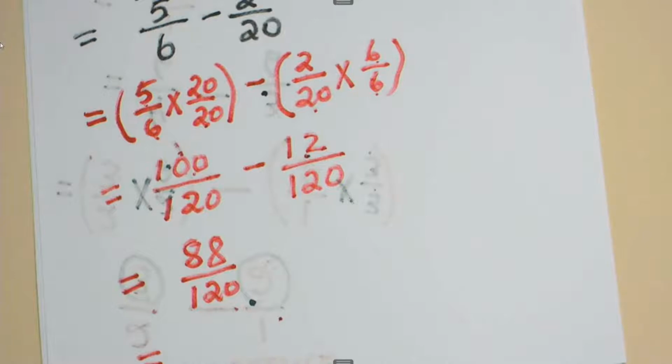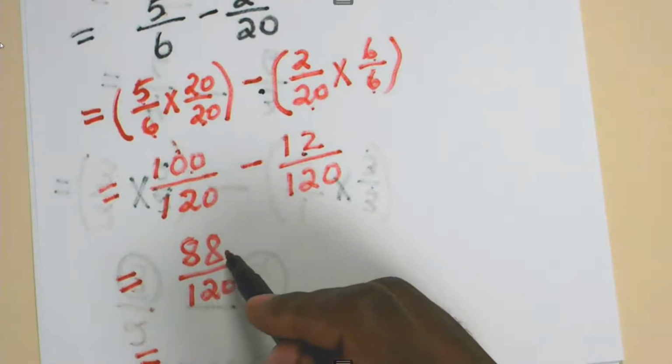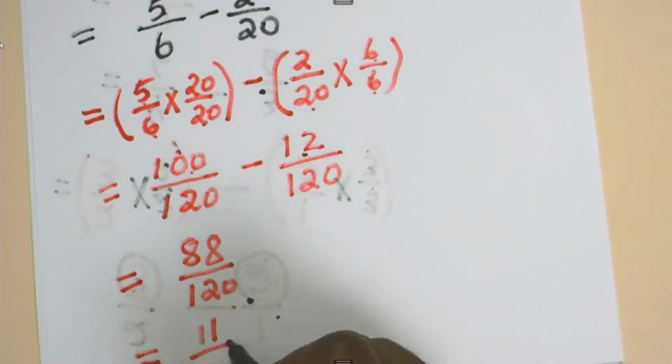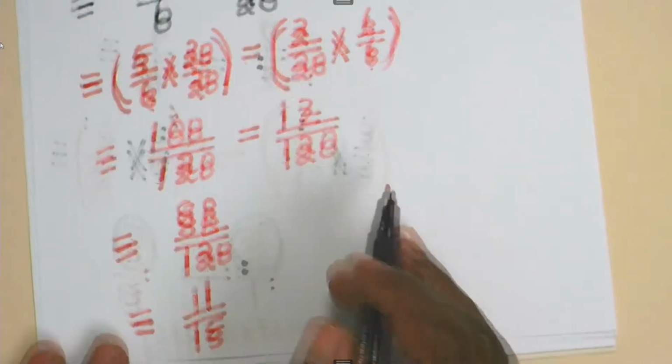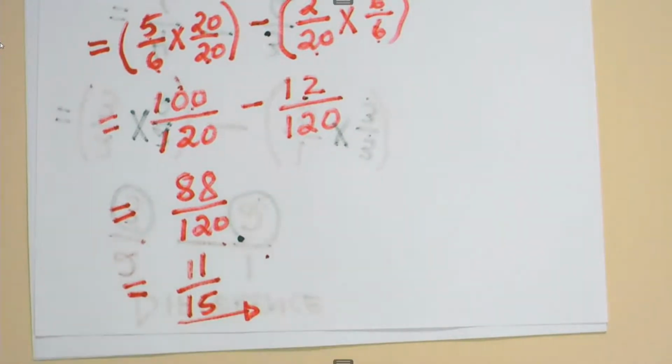So the biggest number that can go into those two numbers is 8. Right, 8 goes into 88 11 times. And it goes into 120 15 times. Therefore, our answer there is 11/15.